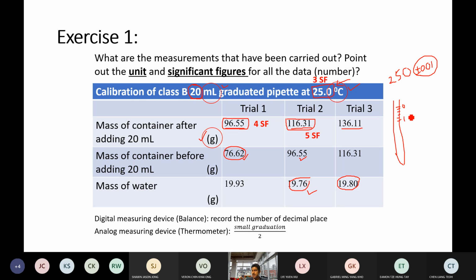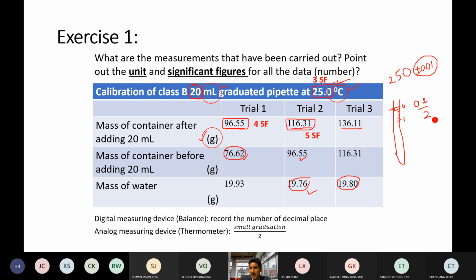So every graduation is 0.2, right? The graduation between them is the division. This is the division that we are looking for. So what is the difference between them? There's 0 and 0.2, so it is 0 and this is 0.2, we understand. So what we'll do is 0.2 divided by 2.